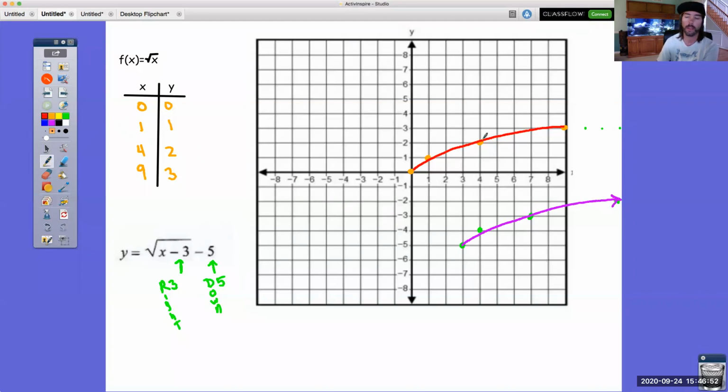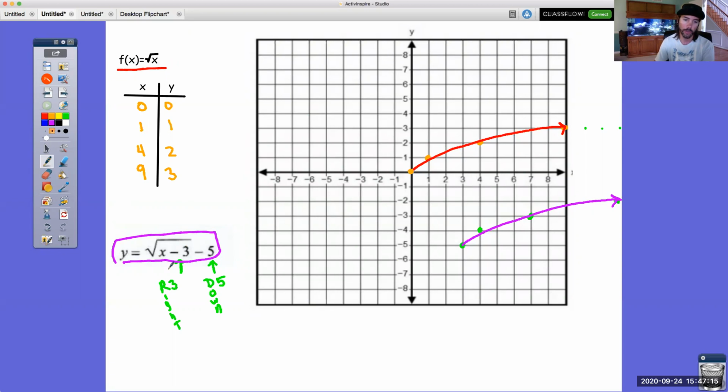It should be about the same curvature if you can draw this pretty well. So that is the new version. The original parent function is in red, f of x equals the square root of x. And then in purple, I have the graph where it has been shifted to the right 3 and down 5.